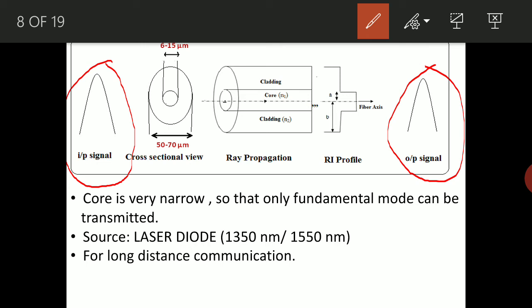A little bit of pulse broadening we can also observe here. So this is regarding the transmission of a ray inside the single mode step index fiber.